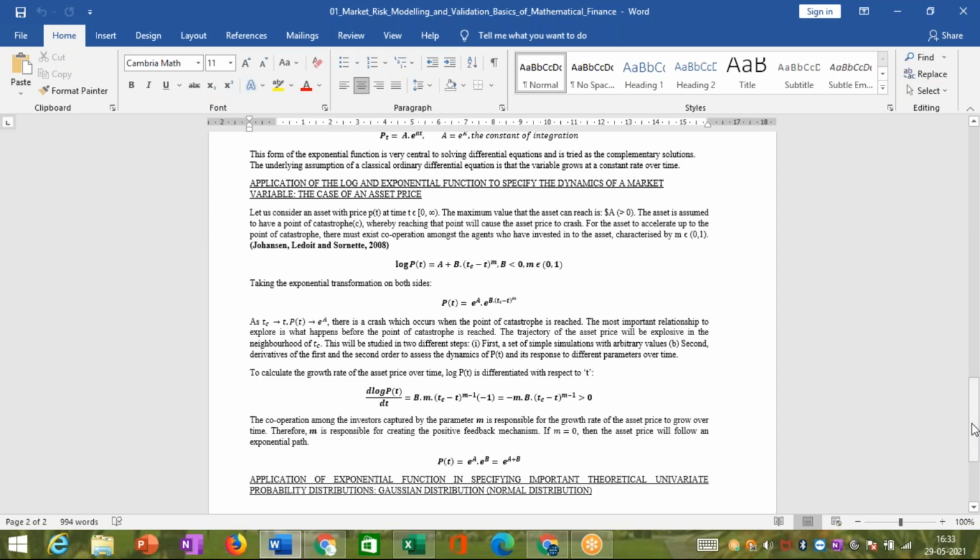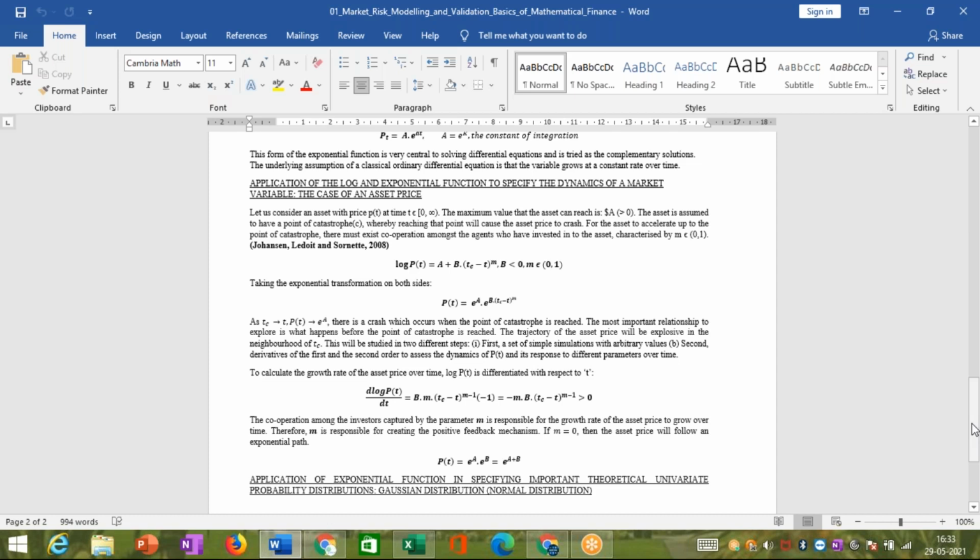So this is an important area where we would generally see these functions being applied. We'll define this function and see how the exponential function is used. At the crux of it, the exponential function itself is something which talks about a gradual growth.